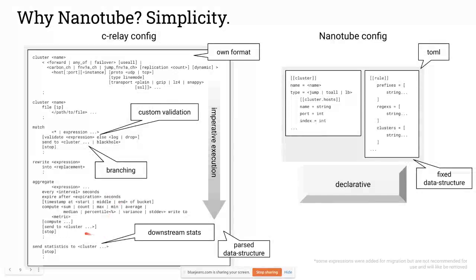And it also has the downstream stats, as I mentioned before. And the execution of this is imperative. And the thing is Turing complete. I don't know, but I guess it may be possible to write Tetris on it.